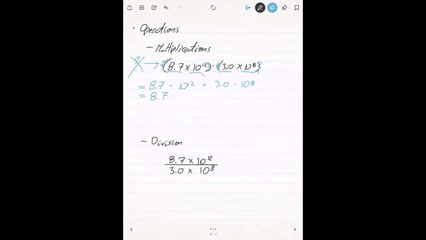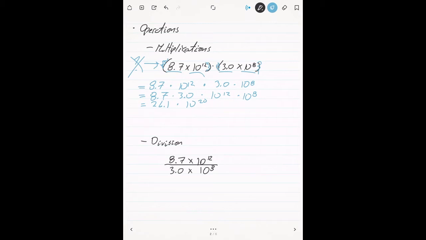Take 8.7 times 3.0. And let's take 10 to the 12th times 10 to the 8th. Well, 8.7 times 3.0 is actually pretty easy. That's 26.1. And then we have 10 to the 12th times 10 to the 8th. This is the multiplication of like bases property. That's 10 to the 20th power.